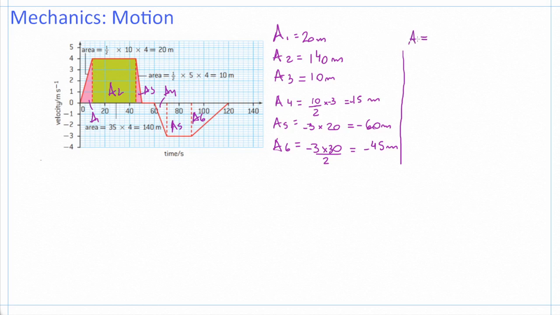If we sum all of those, we take those positive, we take those negative, so it would be 20 plus 140 plus 10 minus 15 minus 60 minus 45, right? So that should give us 50 meters. And that's the total displacement.